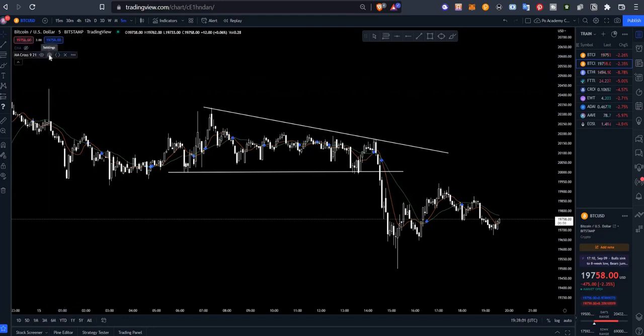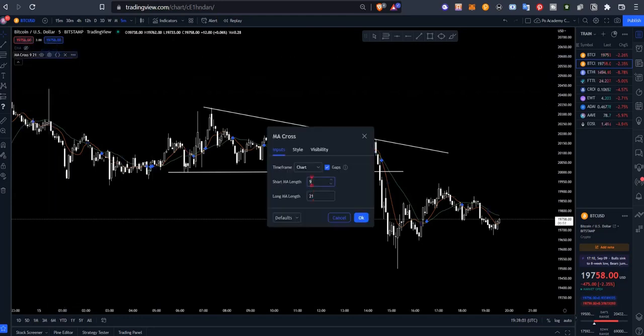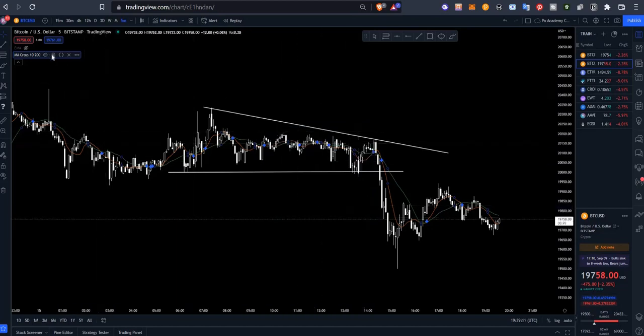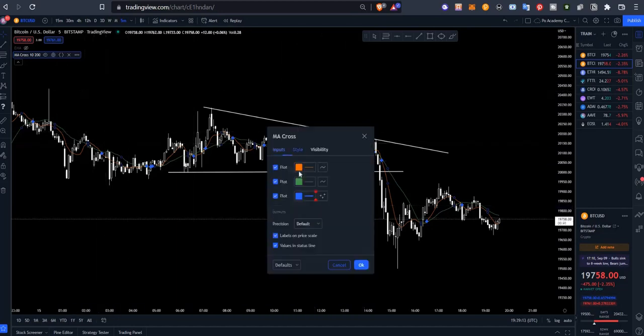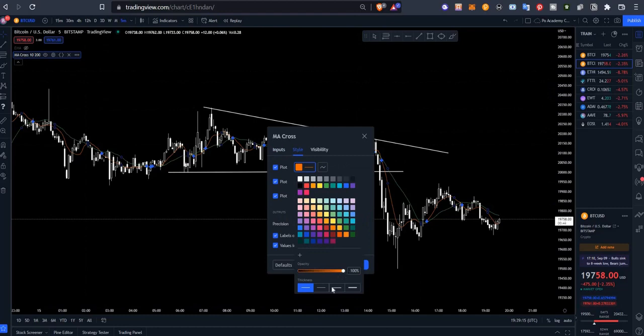So now let me put what I intended to put the other time, 10 and 200. I'm supposed to change the color or make it bolder than that. Let me put yellow. Yes, yellow.